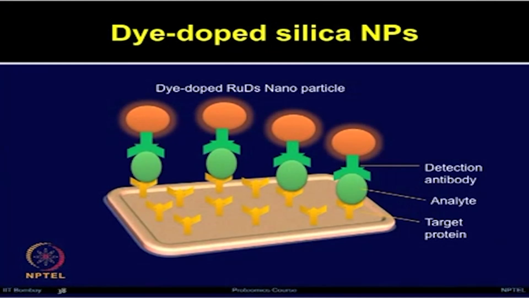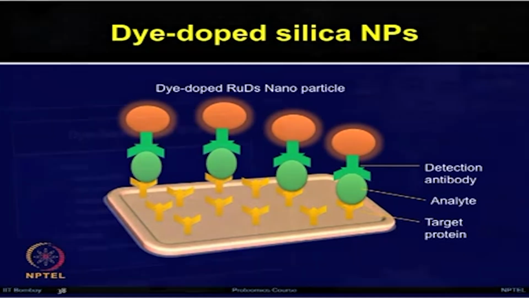As shown in this slide, the silica based nanoparticles, which have a large amount of fluorescent dye packed inside them, can be used for selectively labeling protein molecules for detection of biomolecular interactions.